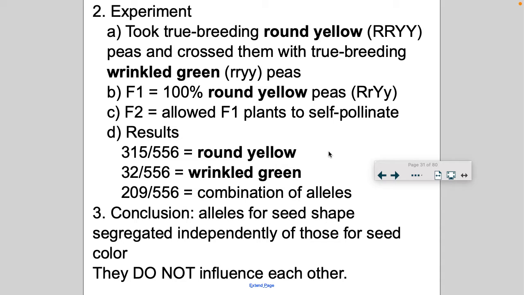So I'm going to get my calculator. Let's do some math here. 315 out of 556, I get roughly 0.57 or 57%. 32 divided by 556 times 100, I get roughly 6%.